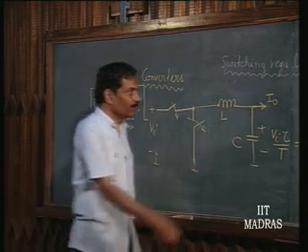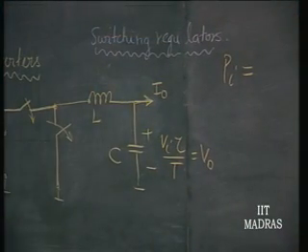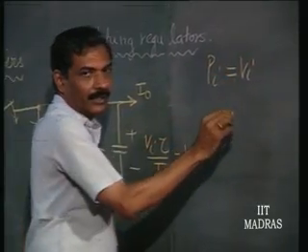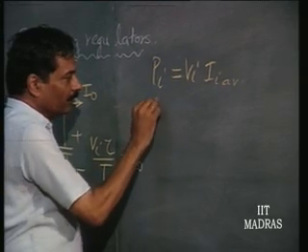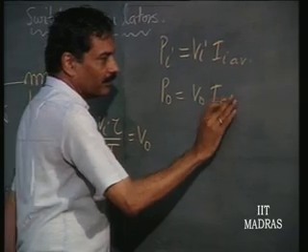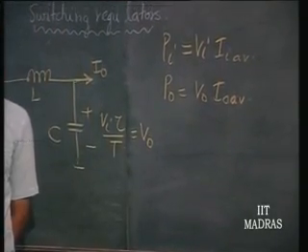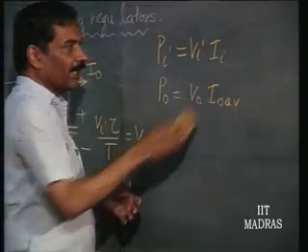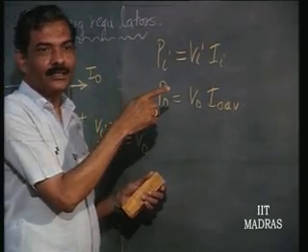In this case, obviously, input power is going to be Vi into II average. Output power is going to be V naught into I naught average, right. Now input power is going to be Vi into II, and it is conducting only for tau.